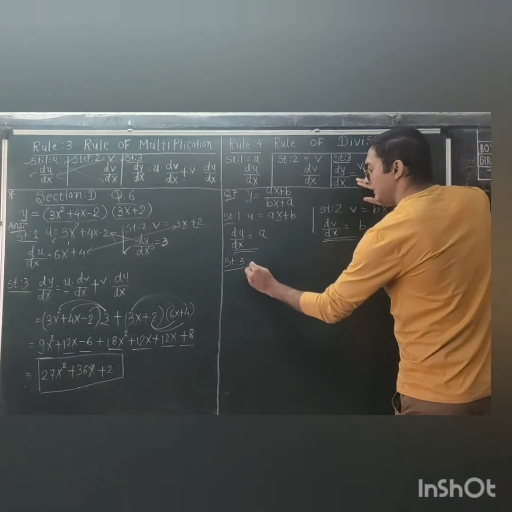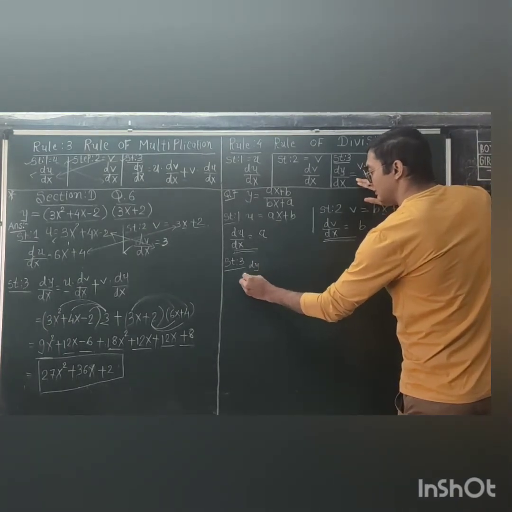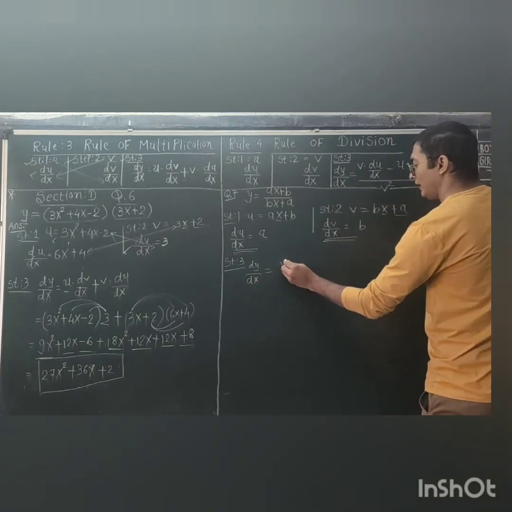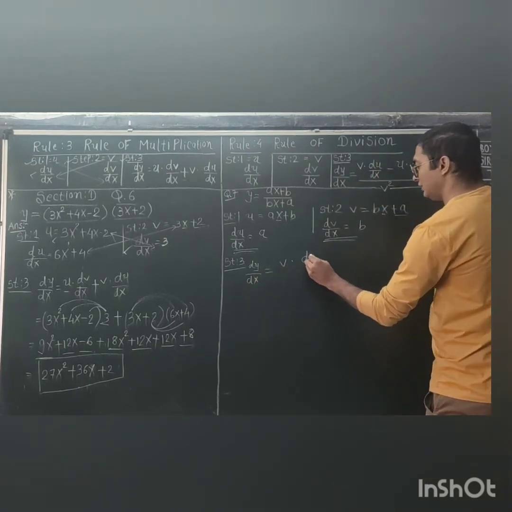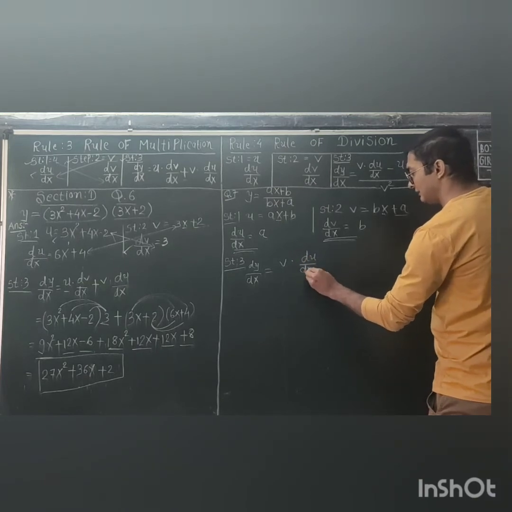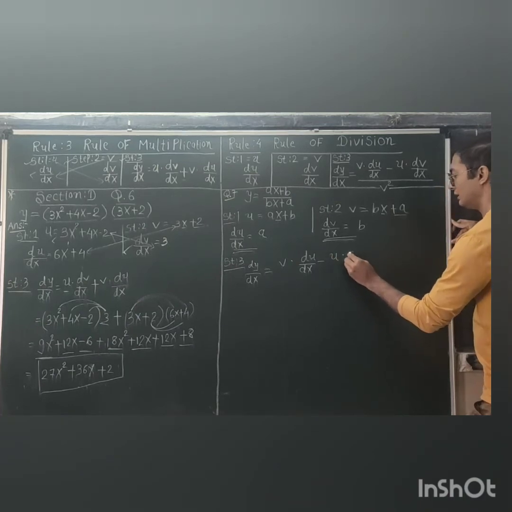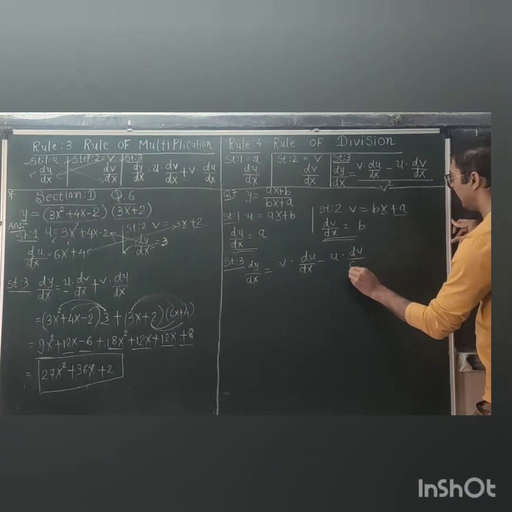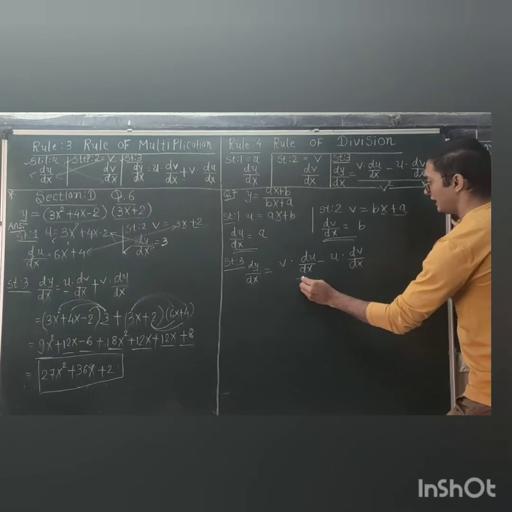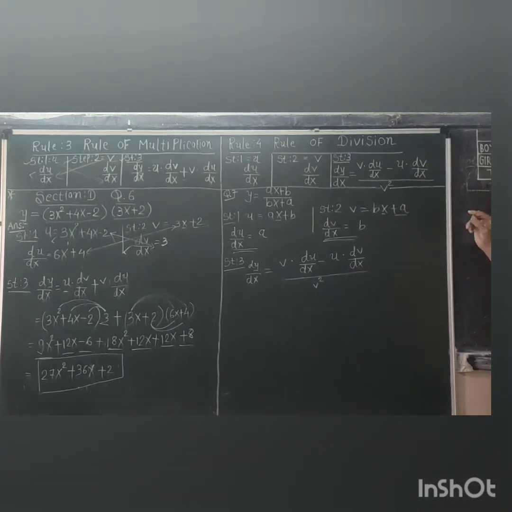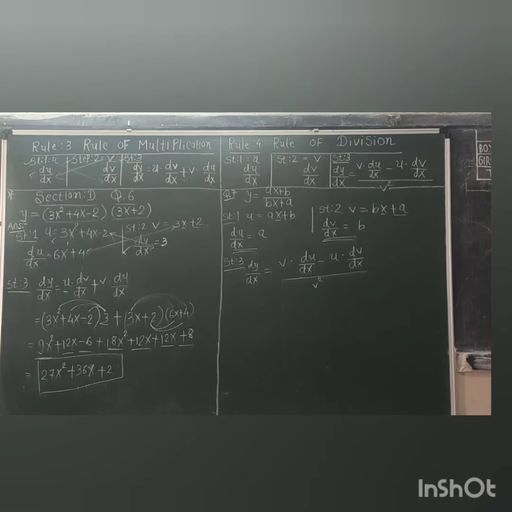The formula is dy upon dx is equal to v into du upon dx minus u into dv upon dx, divided by v square. So this is the main formula for the rule of division. Understood?